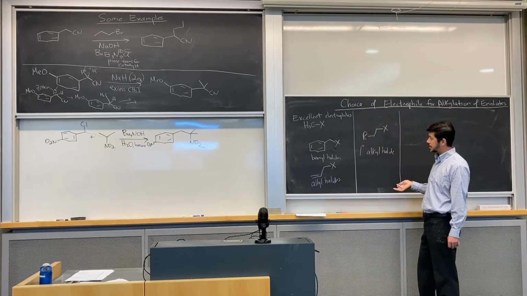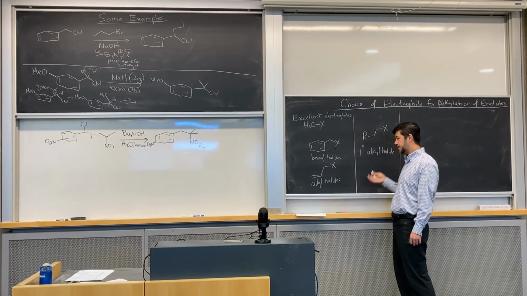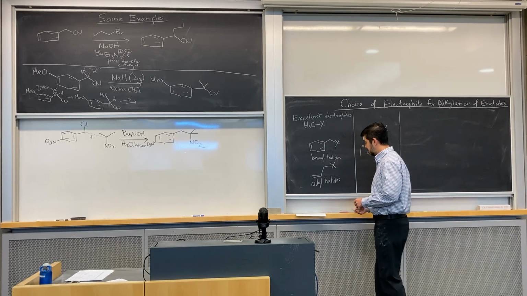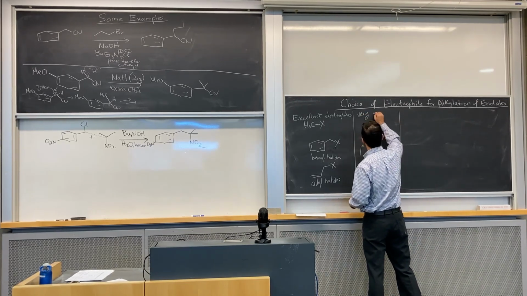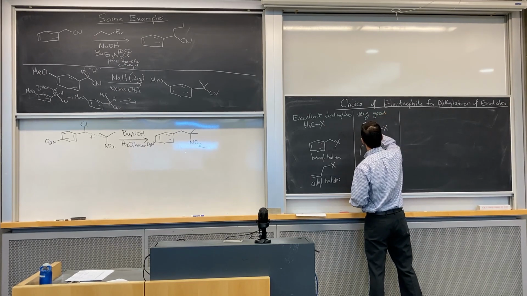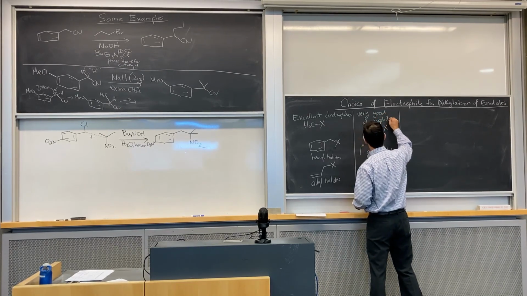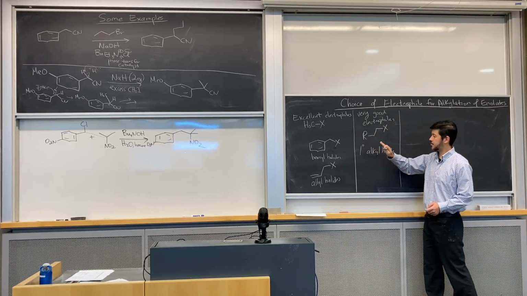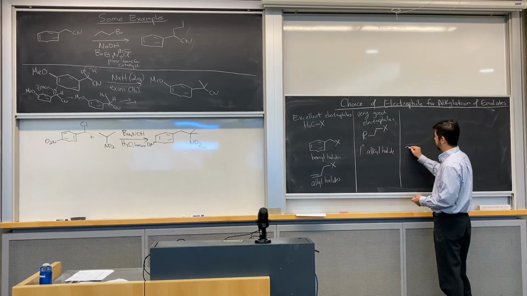They are reactive, but they're not as reactive as these ones, but they're still quite decent. So let's call these very good electrophiles. So here, primary alkyl halides. The next one's going to be secondary alkyl halides.